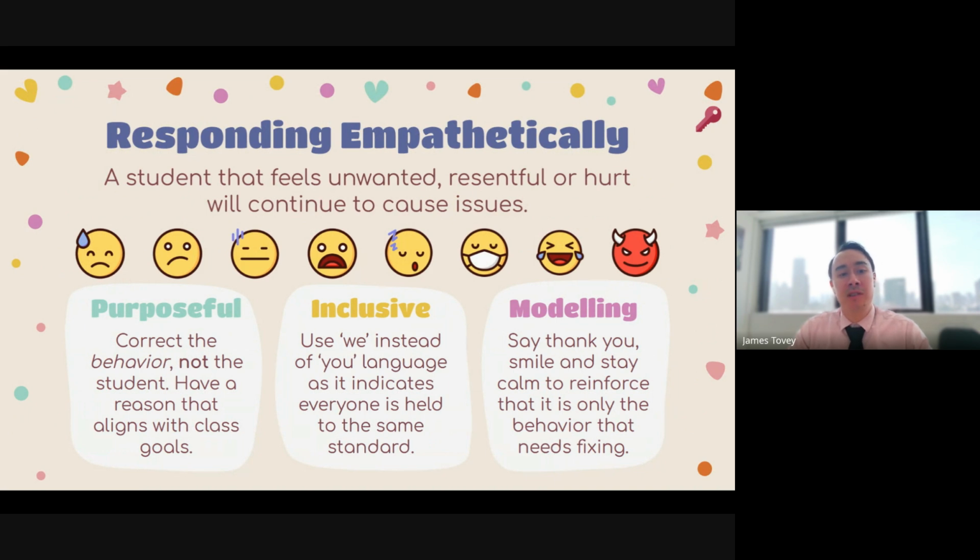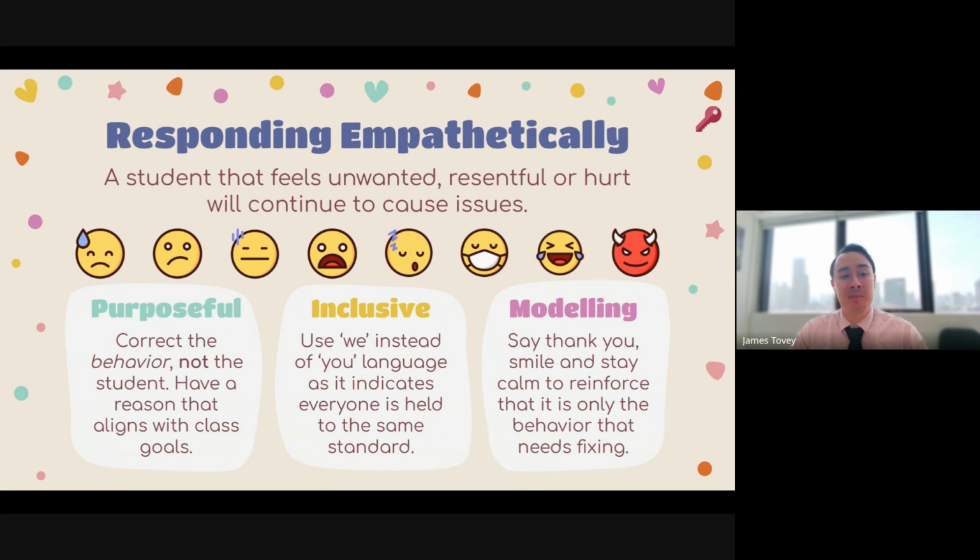A student that feels unwanted, resentful, or hurt will continue to cause issues. They may just do it for attention. They may do it because they don't care. Whatever it is, a student that doesn't feel happy in your classroom is not going to play by the rules. So you must be purposeful about how you address or respond to misbehaviors.